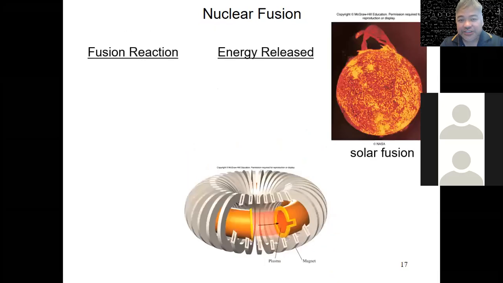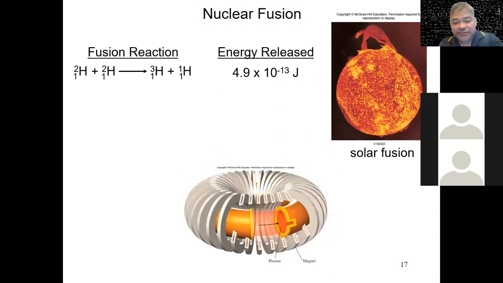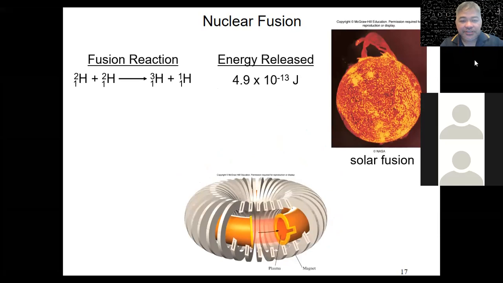Okay, so in nuclear fission one is breaking down a big nucleus into smaller nuclei, and nuclear fusion is the other way around. Nuclear fusion is the combination of two light nuclei into a heavier or more stable nucleus.